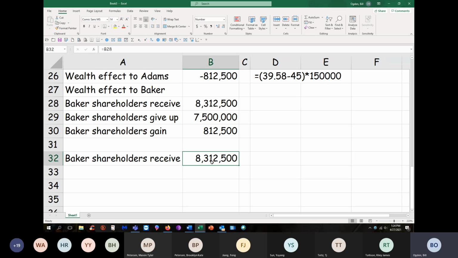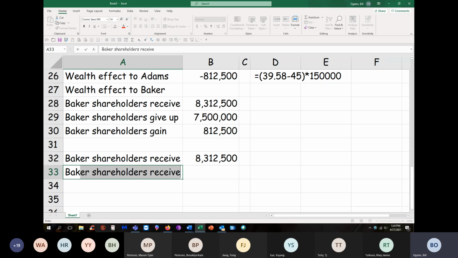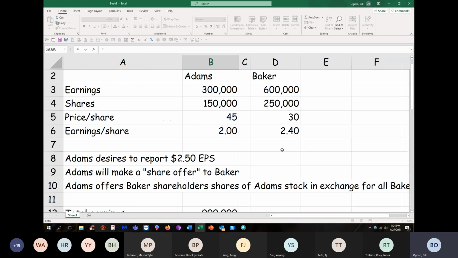Anyway, they receive 8,312,500. And they receive that for how many shares? Given up, what you call tendered. There you go. And they received that for their 250,000 shares.